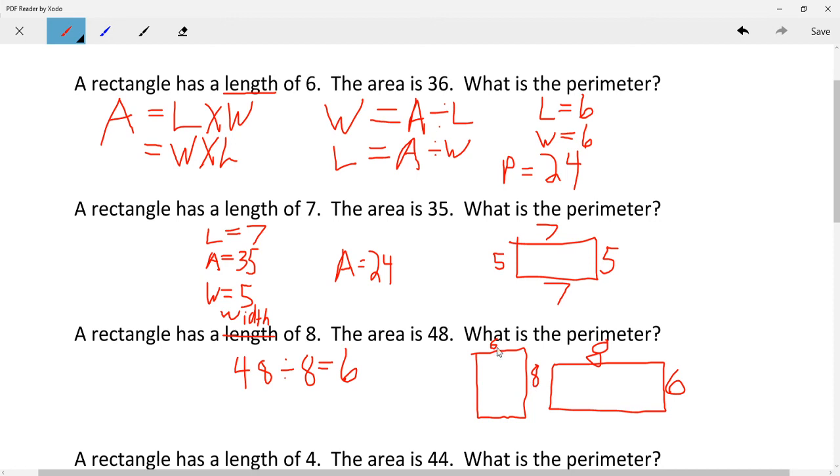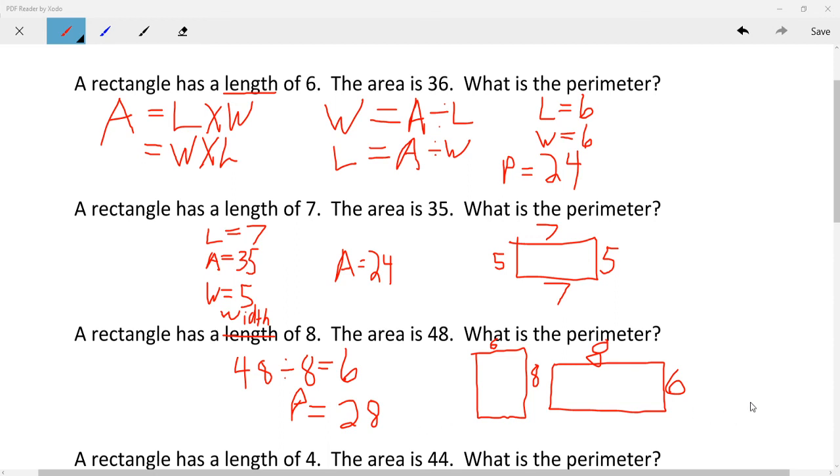So it's just flipping it on its side, basically. So now, to find the perimeter, we can do 8 plus 6, which is 14, and then times 2. 14 times 2 equals 28 is the perimeter.